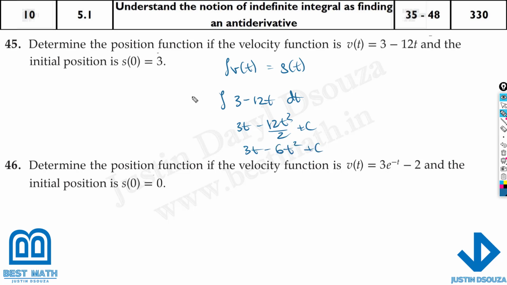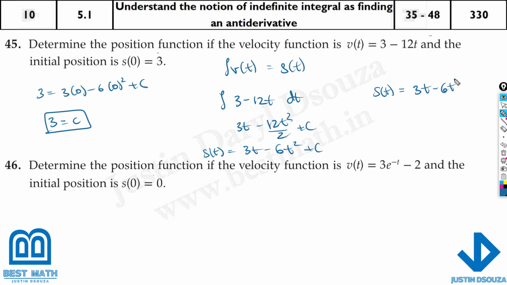Now here we have the initial position of 3, that is equal to 3 times 0. This s of t will be equal to, wherever t is there, you put 0, minus 6 times 0 squared plus c. So the value of c is 3. So the final answer, the position function s of t is given as 3t minus 6t squared plus 3.